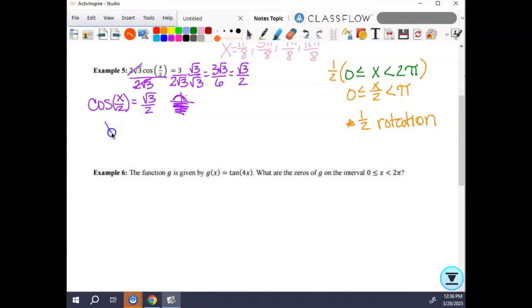And x over 2 equals, all right, what angle gives me a cosine value of square root of 3 over 2? Pi sixths. And that's the only one I get because of the rotations. I don't care about x over 2. I want x. So I multiply this by what? 2. So I get x equals pi thirds. And that's my answer.